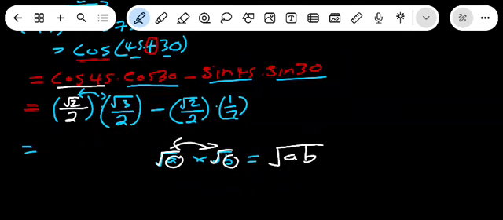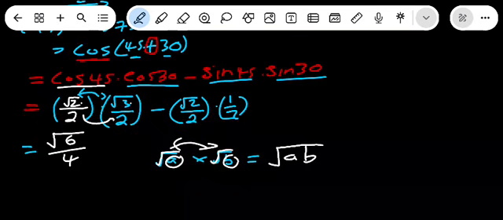So the square root of 2 multiplied by the square root of 3, you take the big square root, then multiply 2 by 3, which is 6. Then you multiply again here, 2 multiplied by 2, they will have 4.